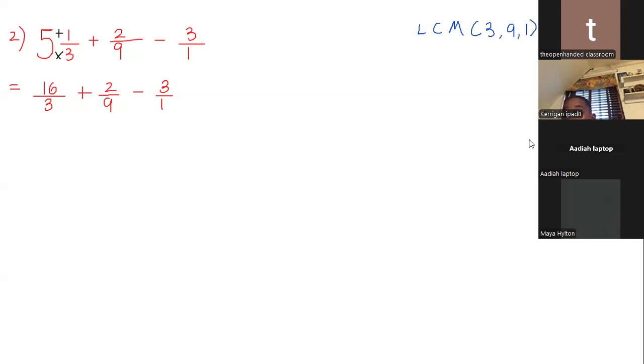Okay, so what are the multiples of 3, class? 3, 6, 9, 12, 15, and so on, right?